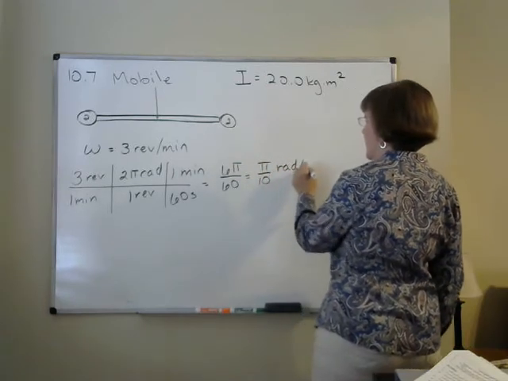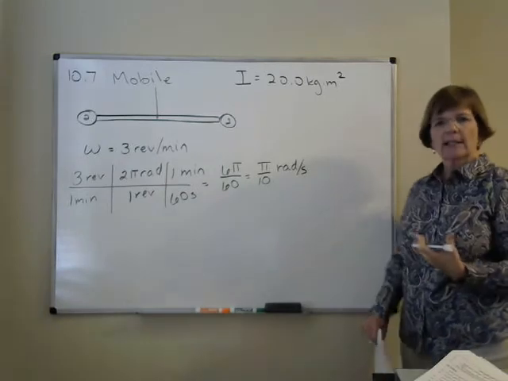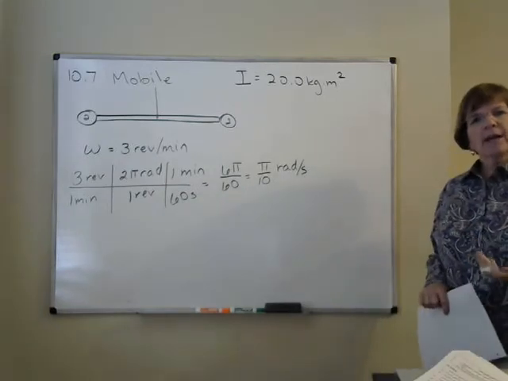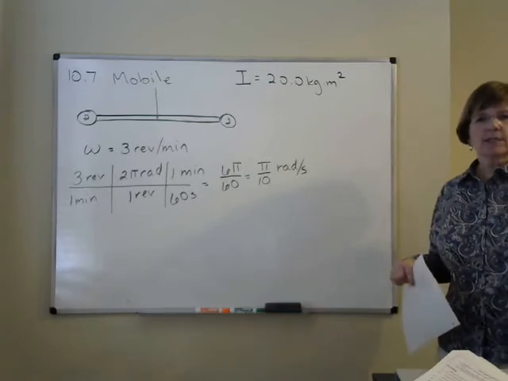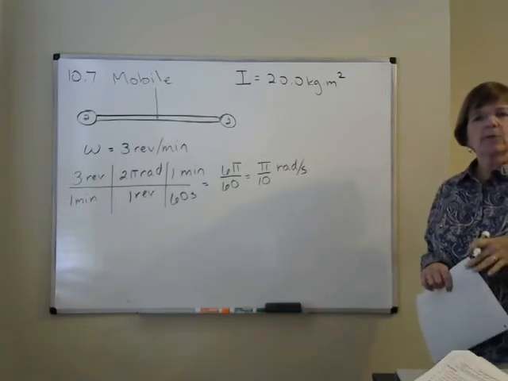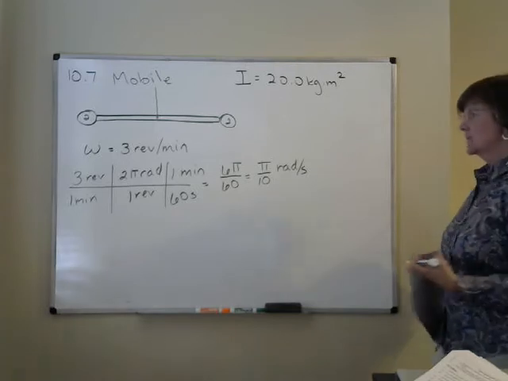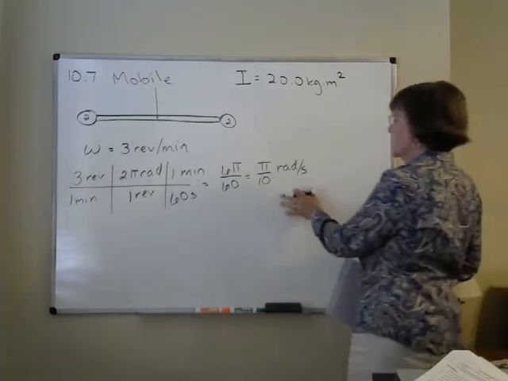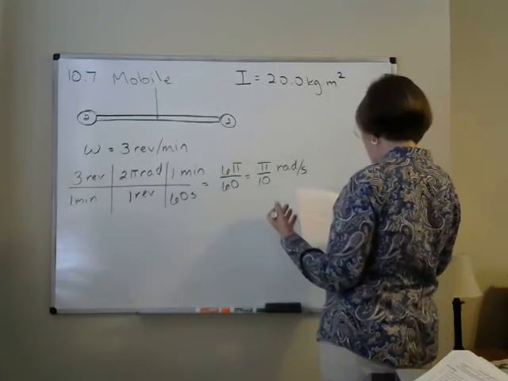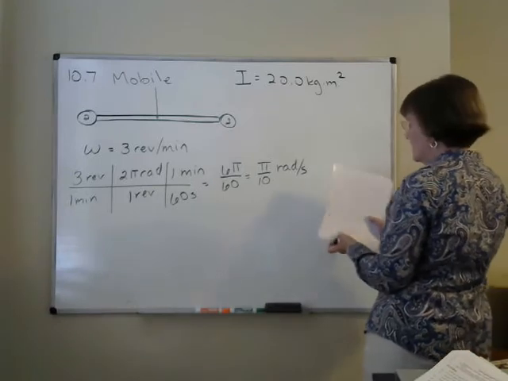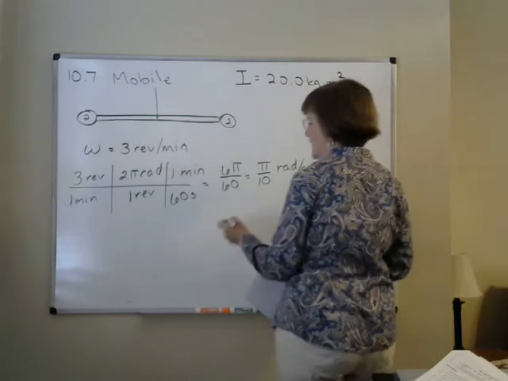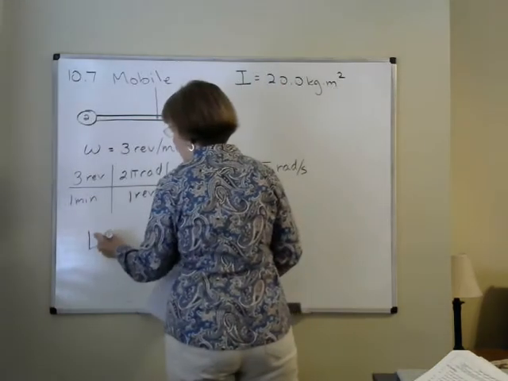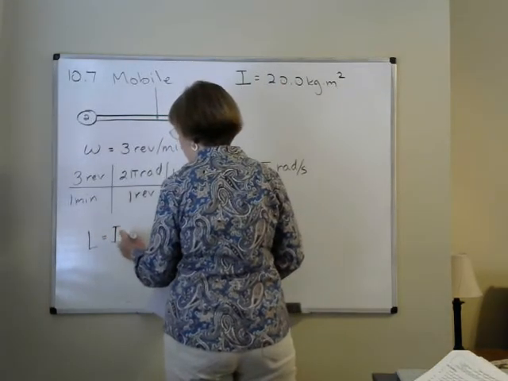per second. Now, I can't have final answers that have pi's in them, but I can certainly have pi's in in-between answers, especially since that saves me from having to worry about rounding and significant digits. So this is omega. If I want to calculate the angular momentum of my system, L is simply I omega.